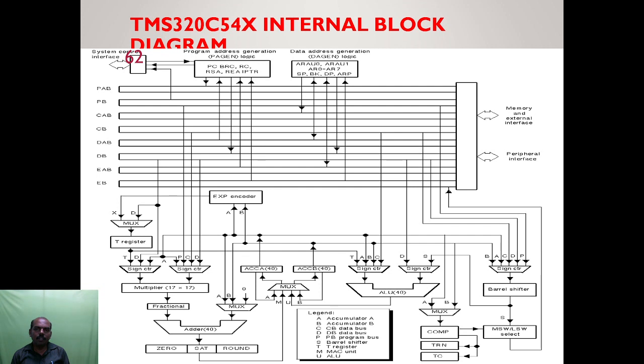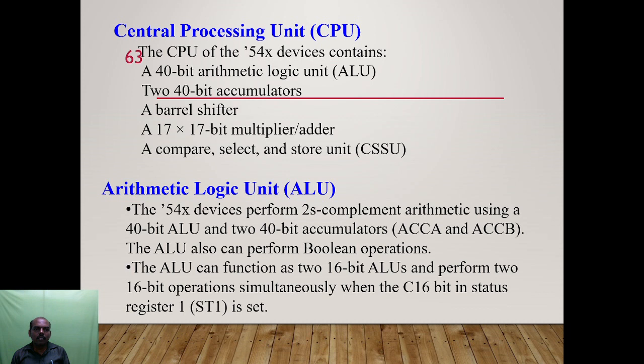This is the basic internal clock diagram of the TMS320C54x series. This is the parallel shift register. We have accumulator, CB data bus, DB data bus, PB program bus, parallel shifter, T register, MAC unit, ALU, memory and external interface, peripheral interface, multiplexer, multiplier, fraction, CPU.